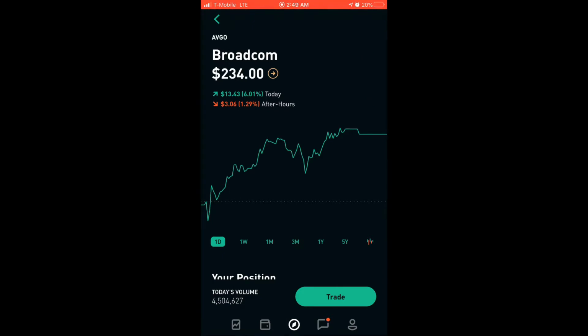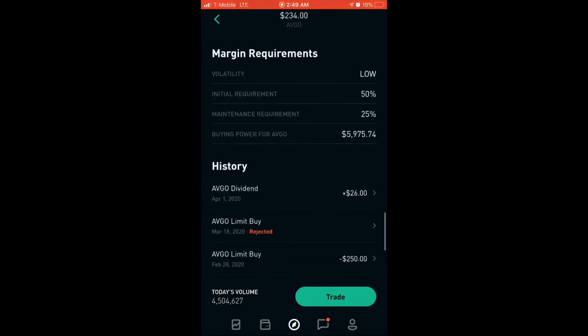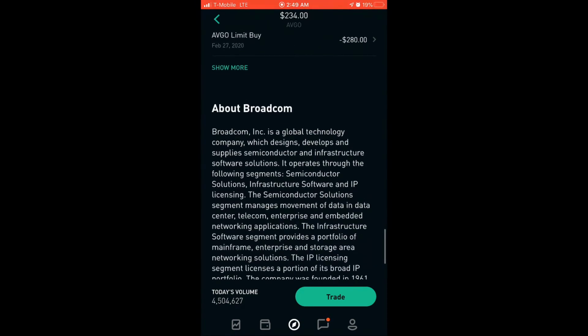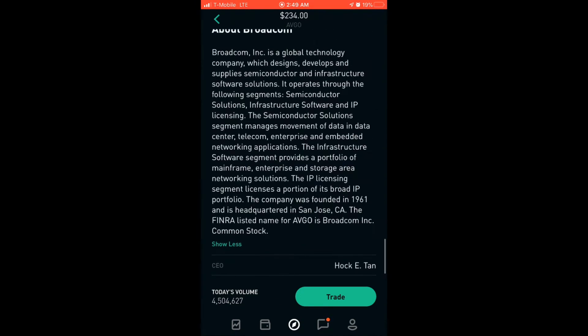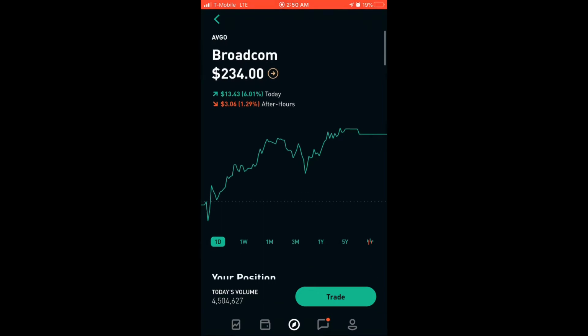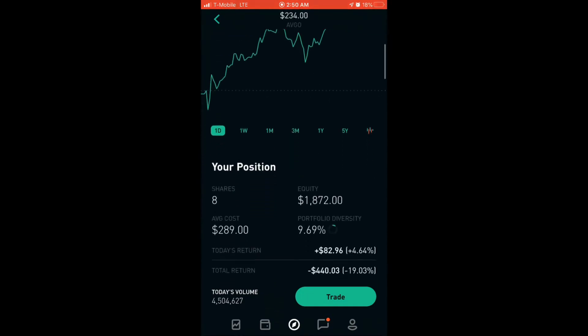You know, the history of the company, the management, the moat, if the company has a market advantage compared to its competitors. Here in Robinhood, you can look at some of the description about the company, but you have to read more than just this little review. So for that, you should go to the 10K of the company, which is the annual report, and I'm gonna show how to get there.